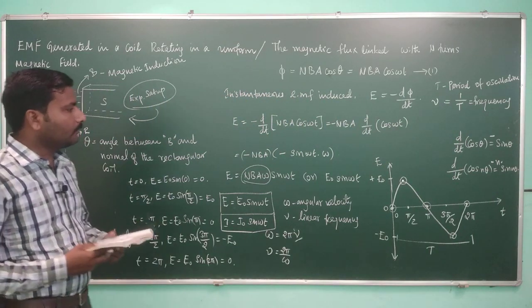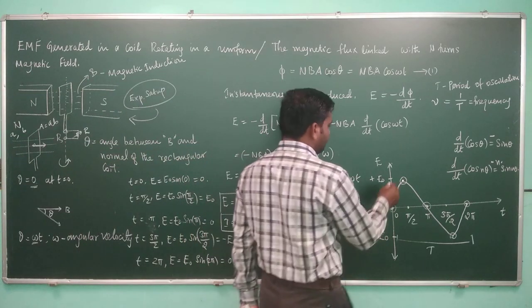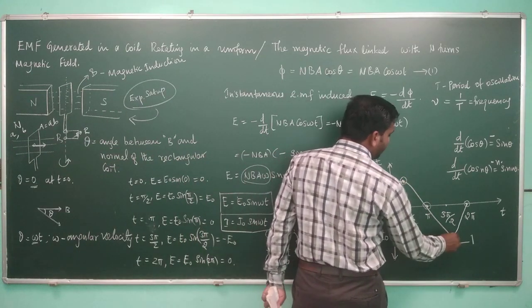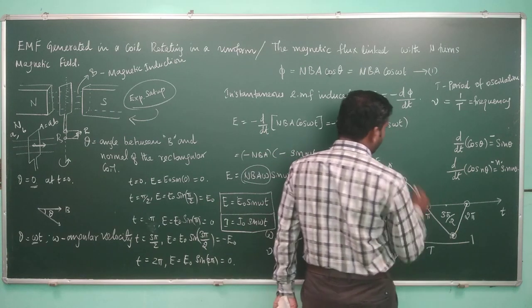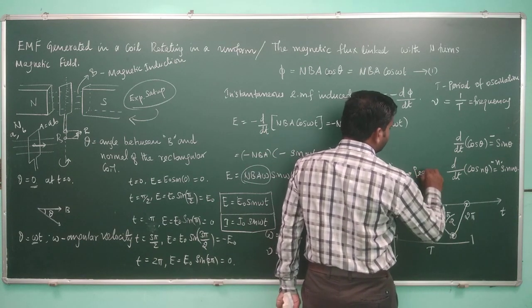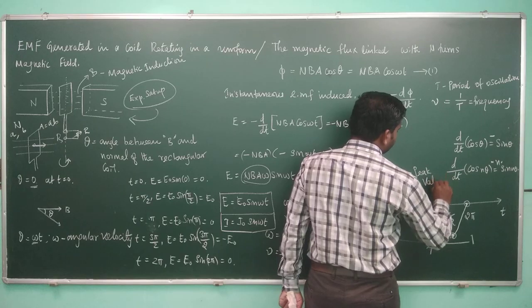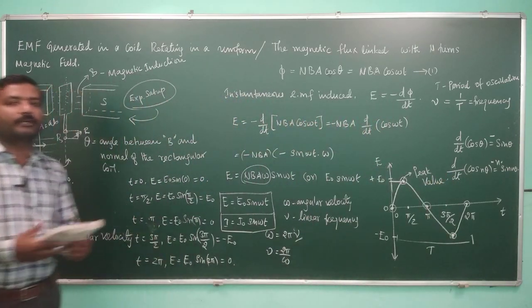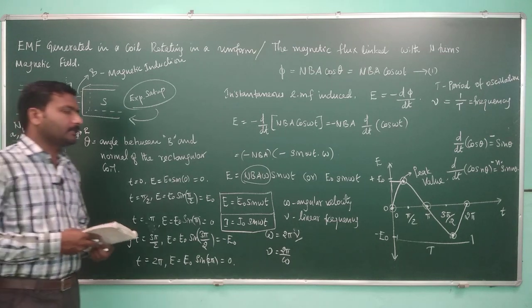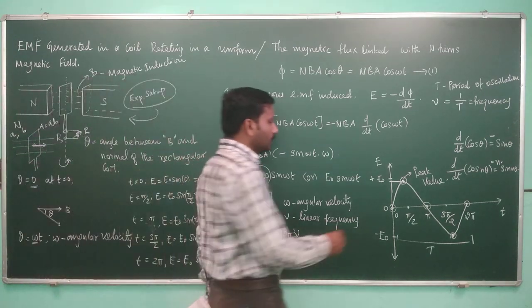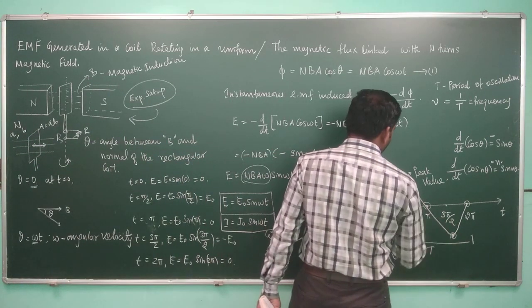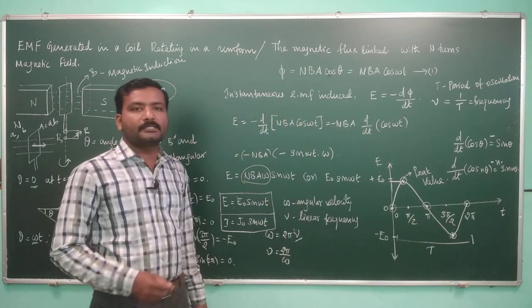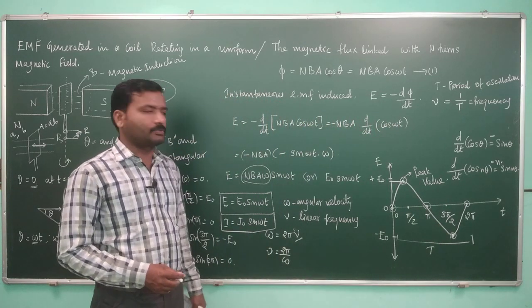Right? Now, here you can say that this is the peak value, the maximum value on either side, on the positive and negative side. That is called the peak value of the alternating current or the alternating voltage. That is the maximum value in a cycle in both positive and negative direction.